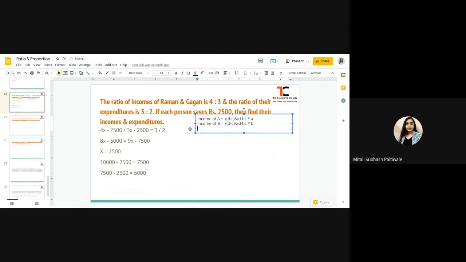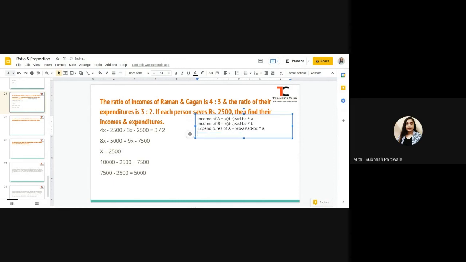Okay, now what is A and B? What is D and C? I'm going to tell you. Do not worry. Okay. Now expenses of A is equal to X(B minus A) by (AD minus BC) into A. Okay.